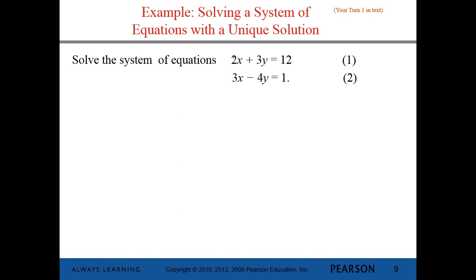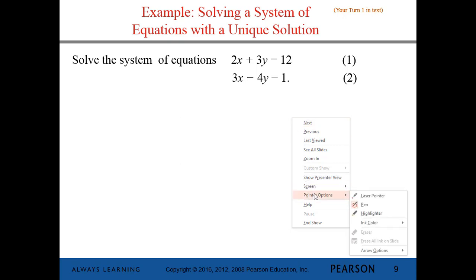If we had three variables, x, y, z, we would have x's followed by y's and followed by z's. This one is already set up and is in proper form, so we don't have to do anything with this.